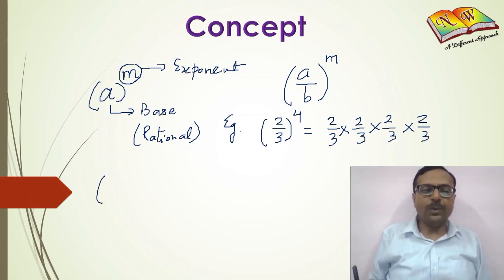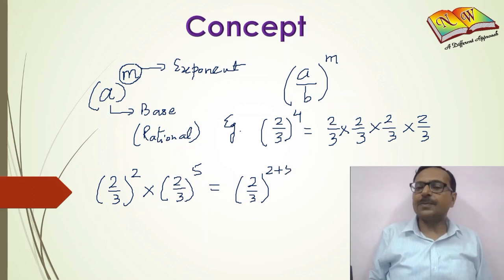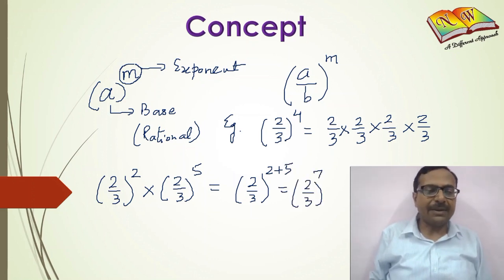Also, when you have a rational base with an exponent and you are multiplying it by the same base raised to a different exponent, then the base remains the same and you can actually add the exponents. So this will become 2 by 3 raised to power 7.